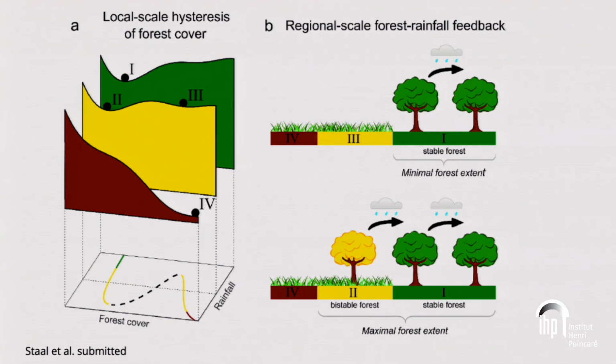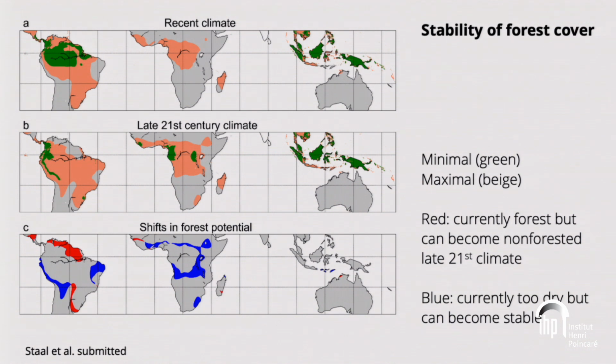It was quite a lot of calculations, because every time you need to add extra forest cover to a grid cell and see what effects it has on the system. Here we can see some results, and again we have this bistability range, with a minimal and a maximal amount of forest cover possible.